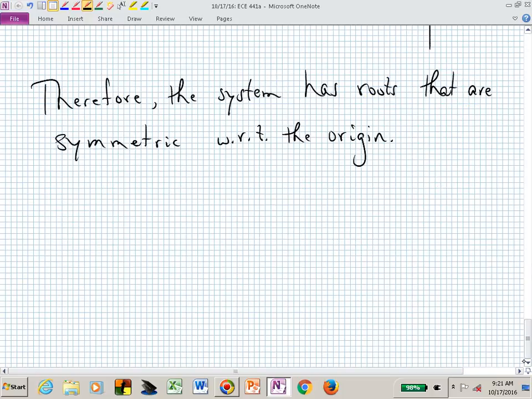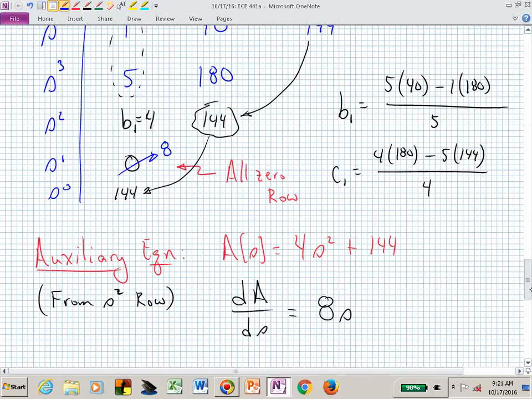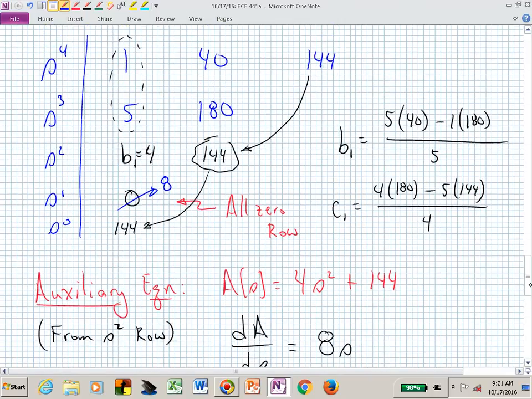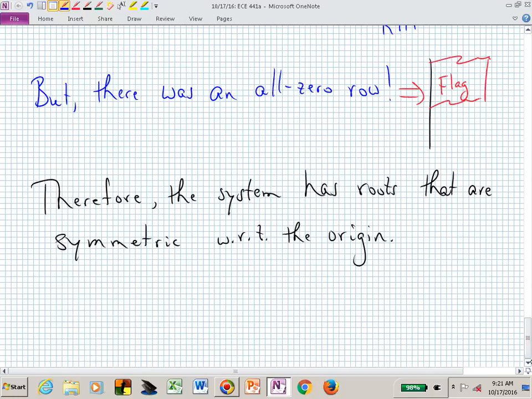And we can figure out how many symmetric roots we have, or how many roots are symmetric with respect to the origin, based on which row was 0. Which row was all 0? It only had one element in it, so it kind of is a boring all 0 row, but it is all 0. It was the S1 row.